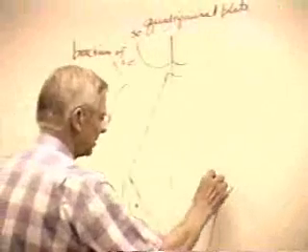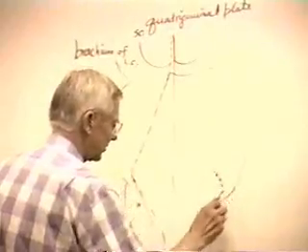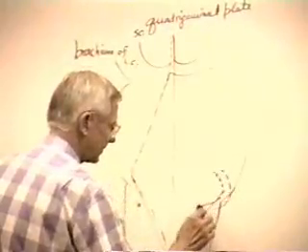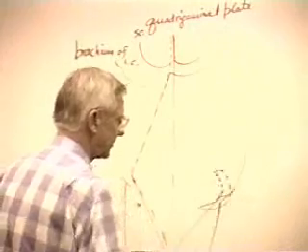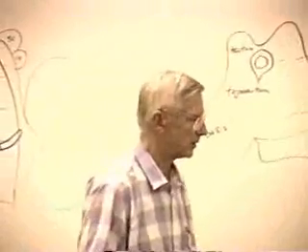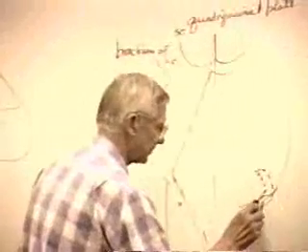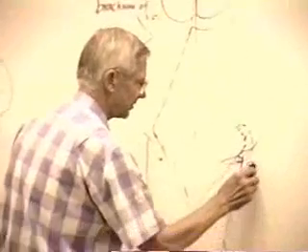So they would be coming in here from in front, back. The dorsal and ventral cochlear nuclei.